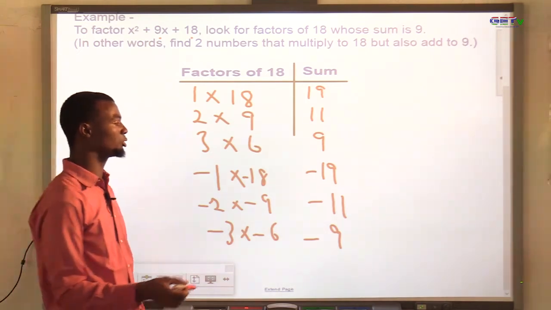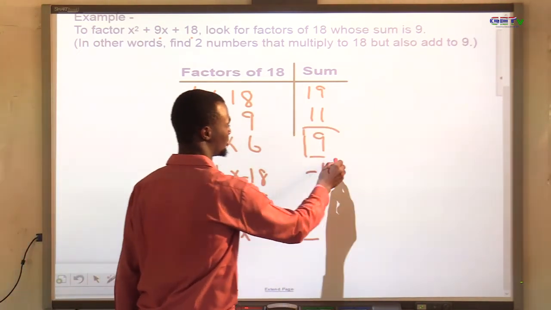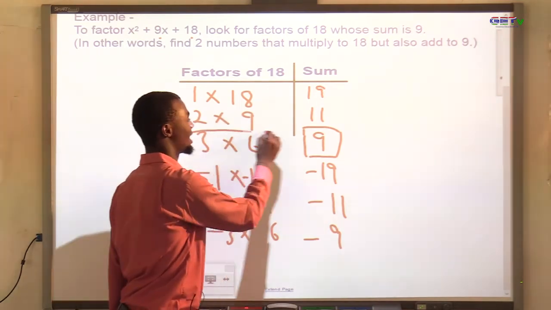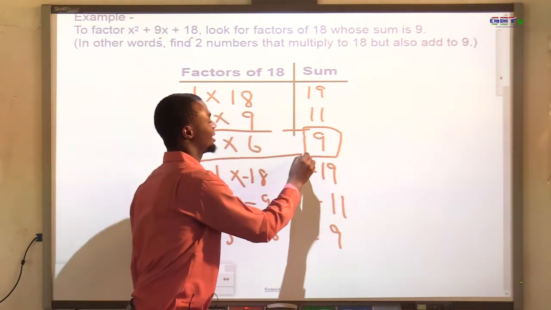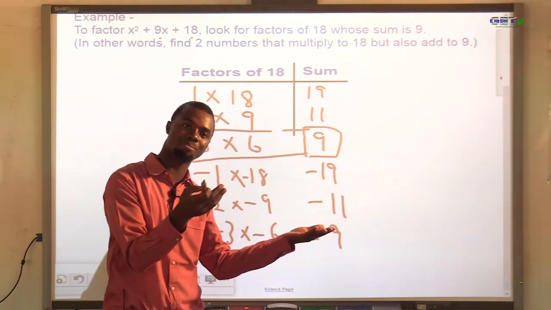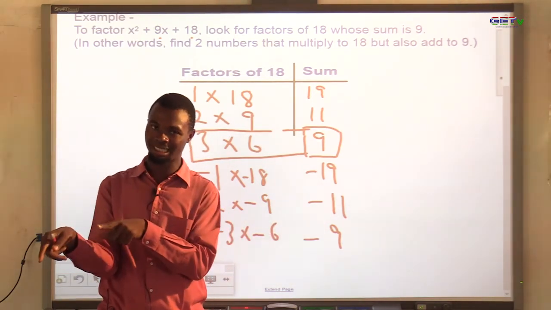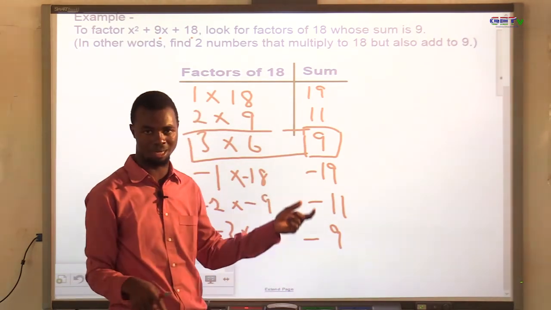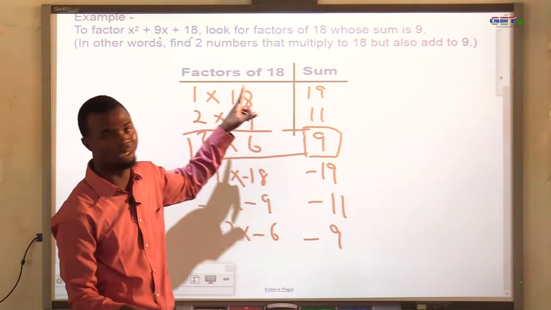What are these two factors? You can see you have only one set of the factors that will give you 9. And these are these ones here. These are the set of factors that if you multiply them, the two factors, you'll have 18, and their sum, if you add the two factors, will give you 9. So that is what you need to do here.